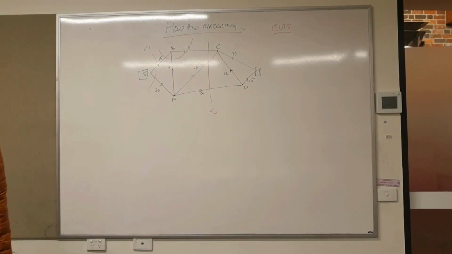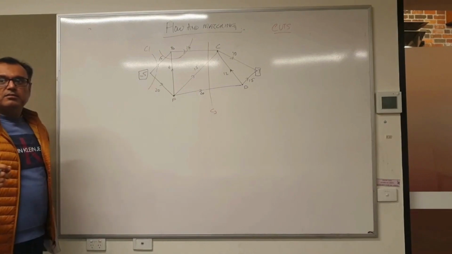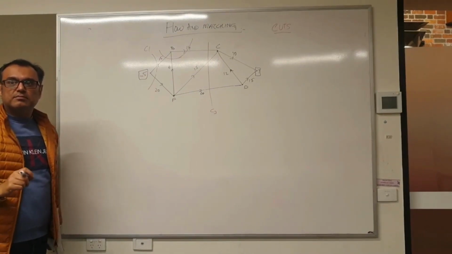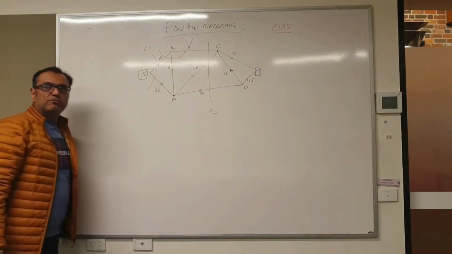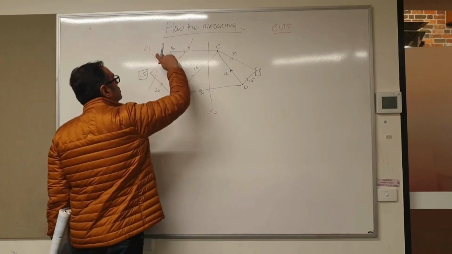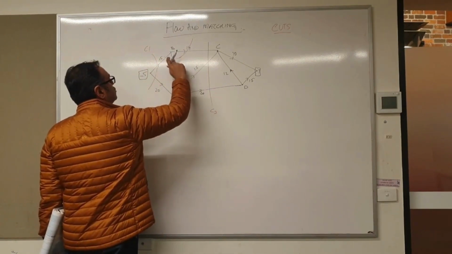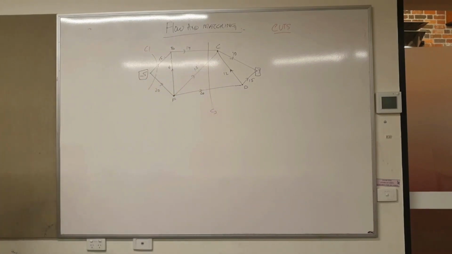So this is not a valid cut. I will not consider this as a cut because I'm allowing the flow to reach from source to target. My cuts need to be valid, right?